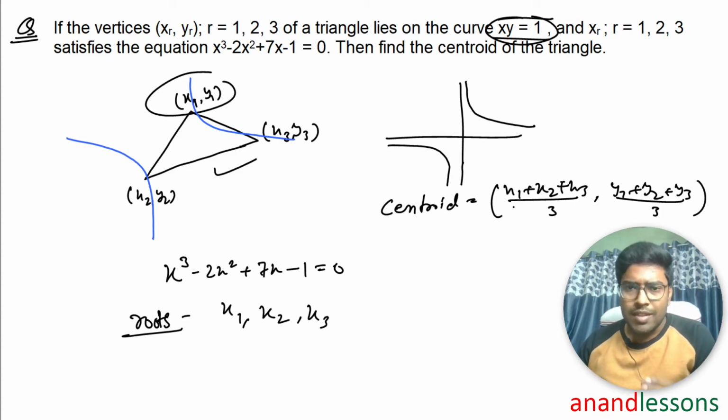So this is the coordinate that we are required to find.